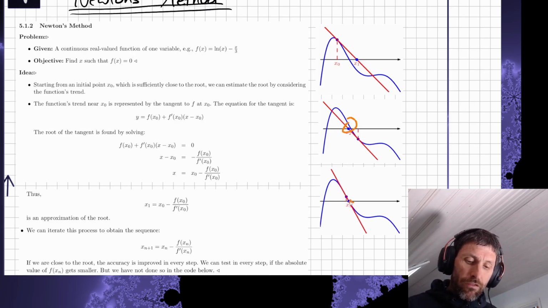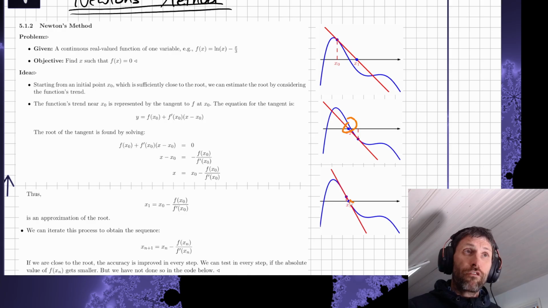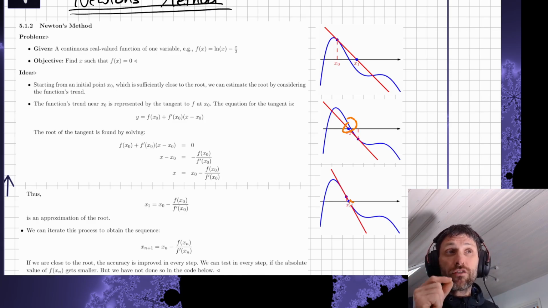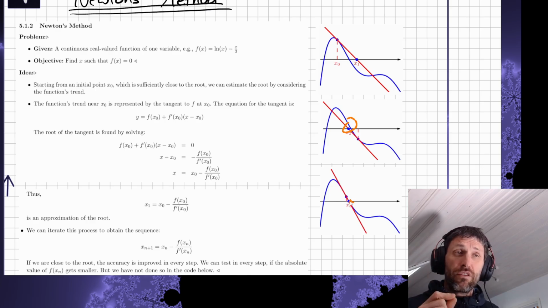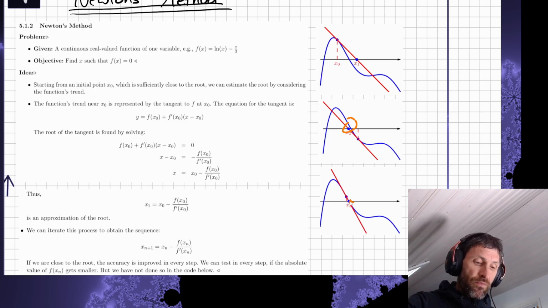And then we have a new x3 value, which is an approximation of the root of the function. We see in that example that this algorithm will converge to the root of the function, and convergence is very, very fast. It's much better than the linear convergence we had for the bisection method.